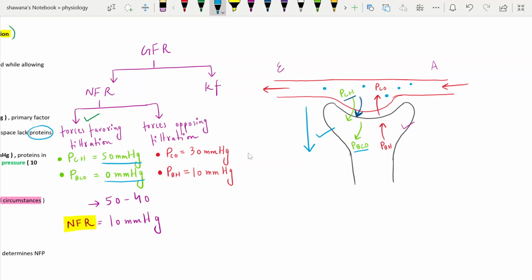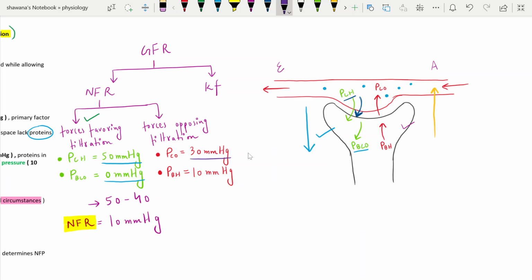Pulling effect means that they exert force in this direction, opposing the filtration, so these are known as forces opposing the filtration, or GFR. In physiological circumstances, the plasma oncotic pressure is 30 millimeters of mercury.